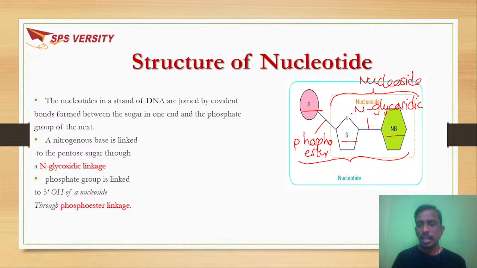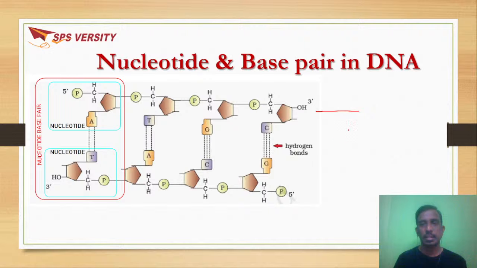So initially the nitrogen base forms a bond with the pentose sugar by glycosidic linkage. Later on, it forms this one strand.